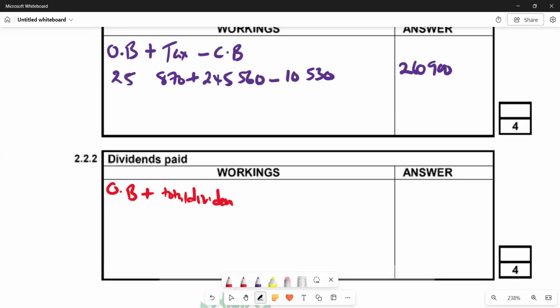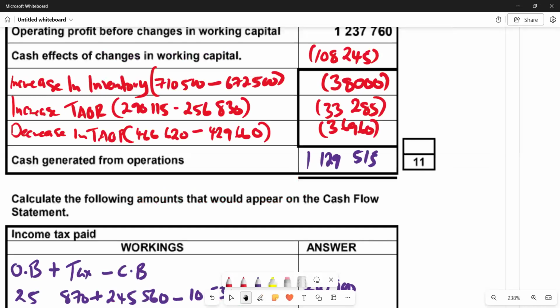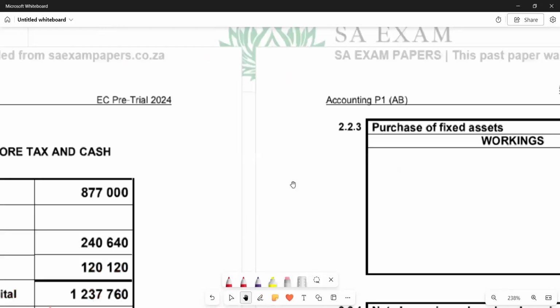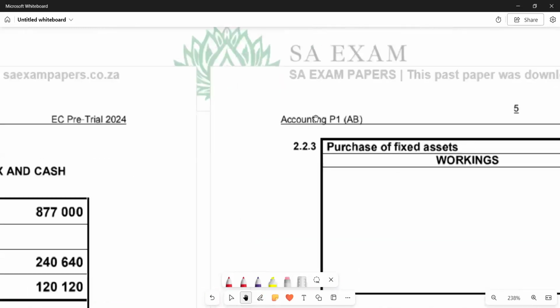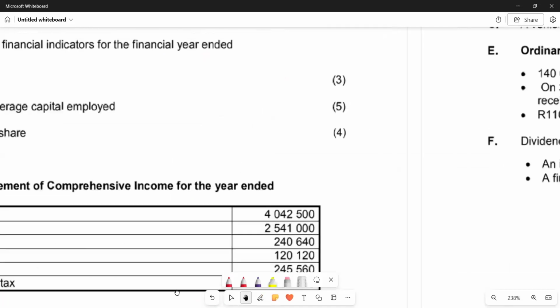The other way, we're saying interim plus final dividends, and then we subtract the closing balance. As simple as that. So we go to the question to see those elements.